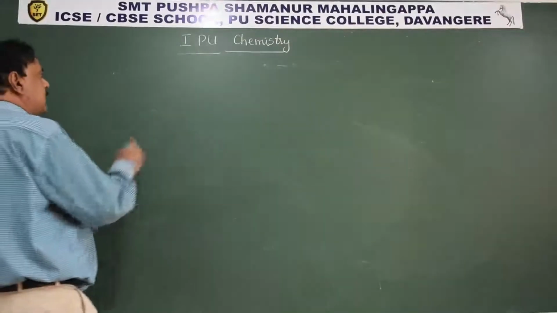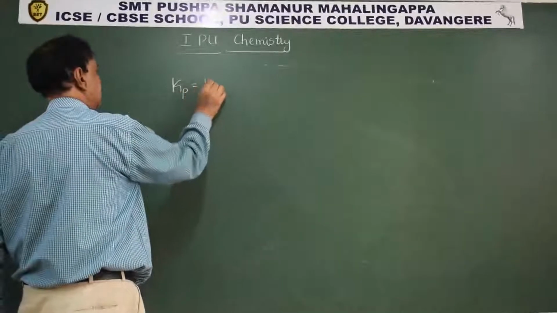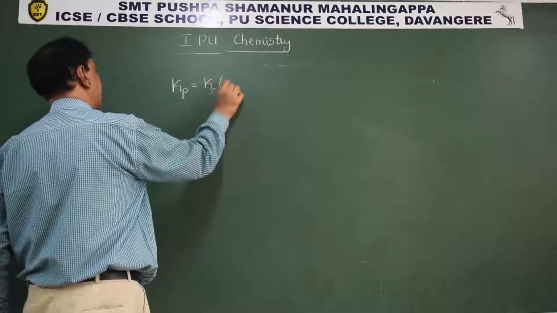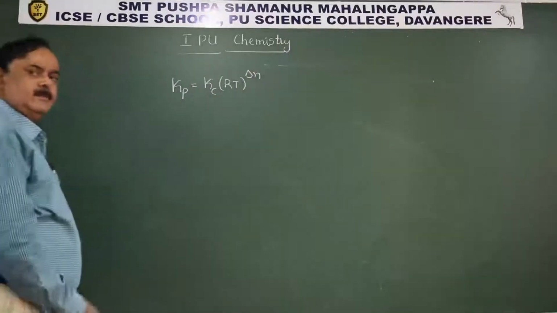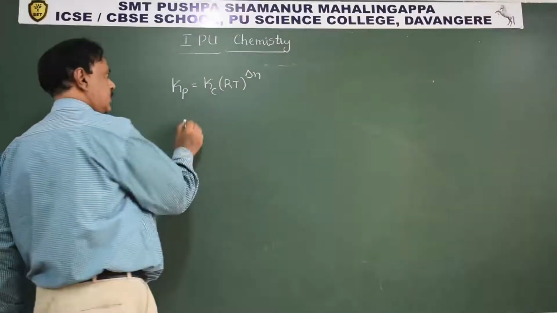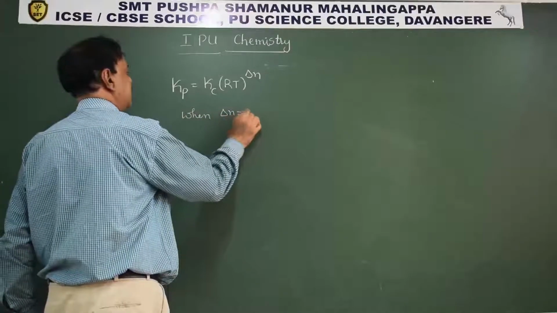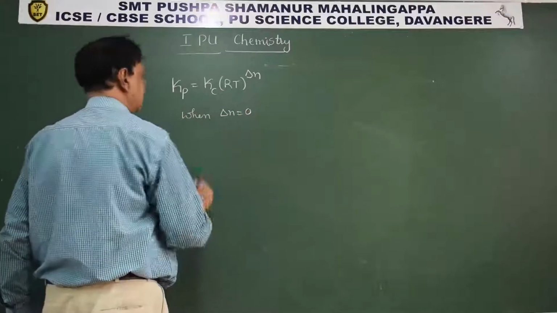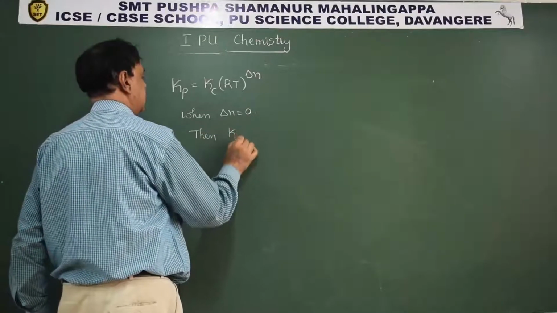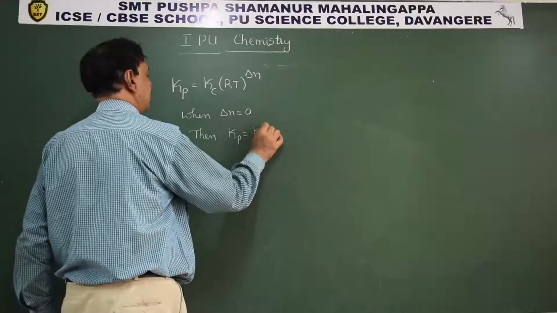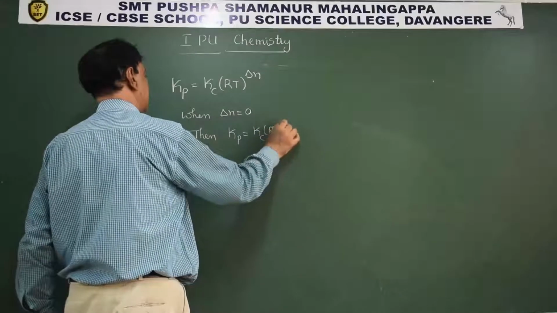When are Kp and Kc equal? We know that Kp is equal to Kc into RT to the power of delta n. When delta n is equal to 0, then Kp is equal to Kc into RT to the power of 0.